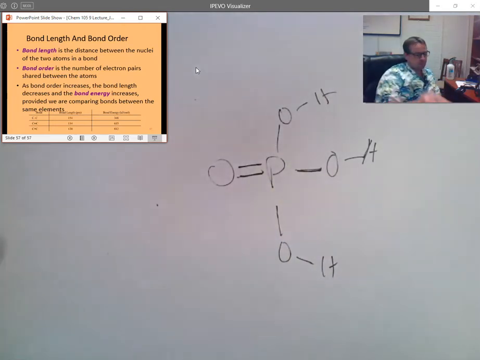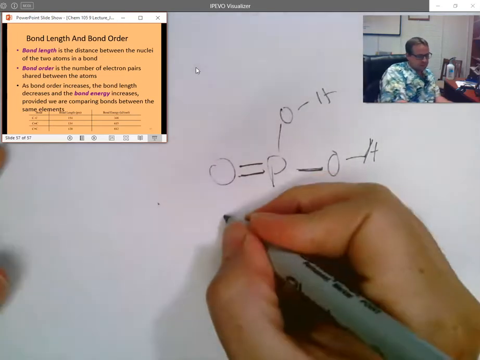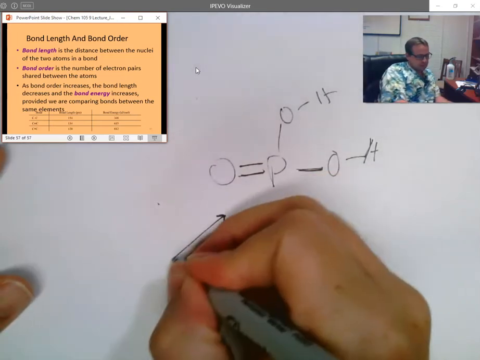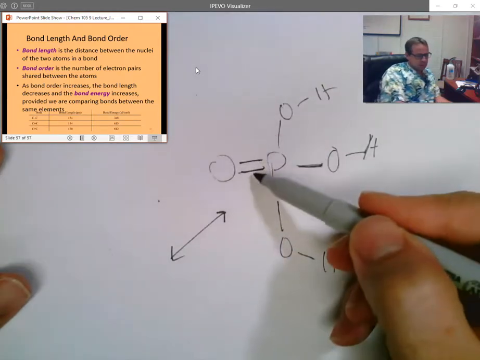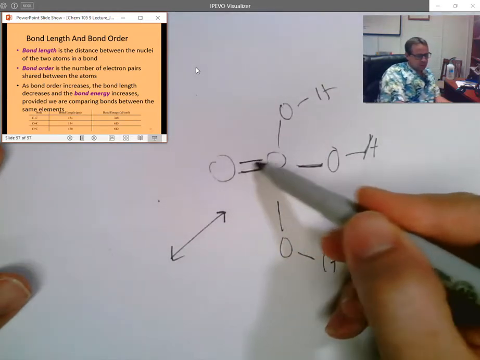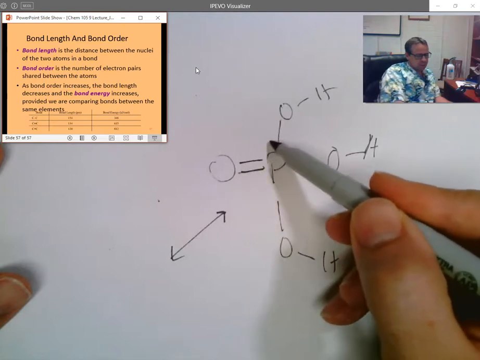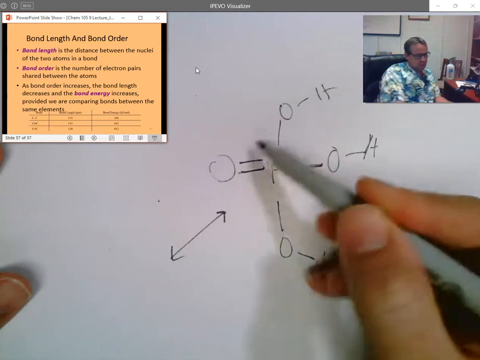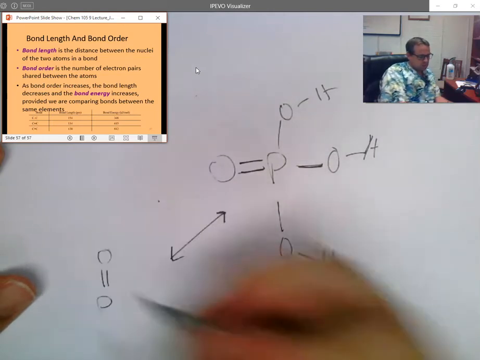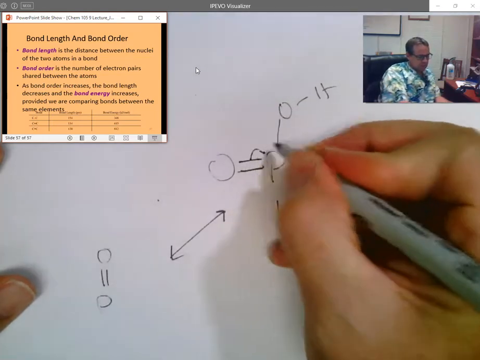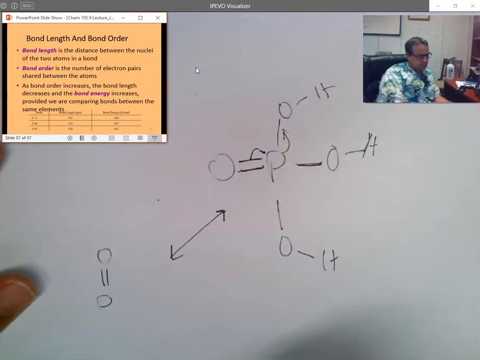So, again, what that tells us is that this structure that we've drawn is not only this double bond here, but it takes turns rotating around the molecule. So sometimes this electron density hops onto the phosphorus and then goes onto there.